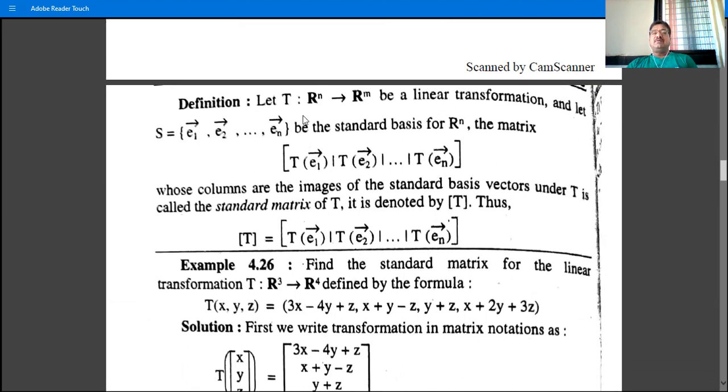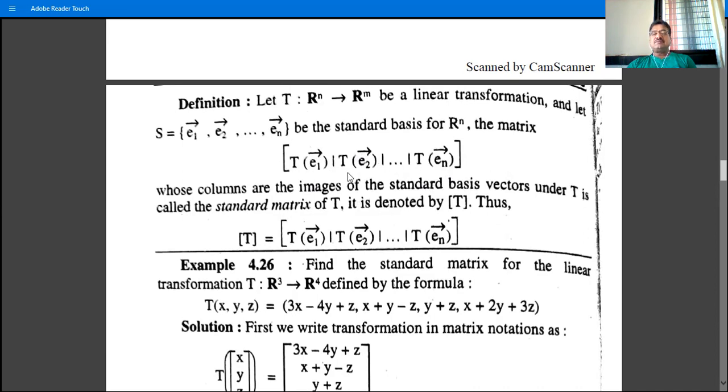So let T from Rn to Rm be a linear transformation, and let S equal to {e1, e2, ..., en} be the standard basis of R raised to n. Then the matrix [T(e1), T(e2), ..., T(en)]. So how can we form the matrix? Write T of e1 as the first column, T of e2 as the second column, and in this way T of en as the nth column.